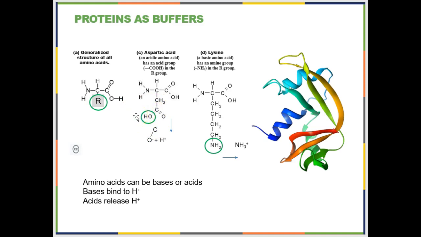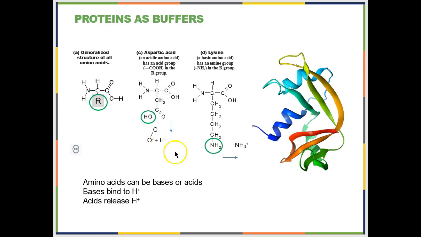It's called a carboxylic acid. Under the right conditions, this carbon right here can let go of that hydrogen. So instead of COOH, it's COO negative with a liberated hydrogen ion. So this amino acid side group can release hydrogen ions into solution, which lowers the pH, so it acts like an acid.